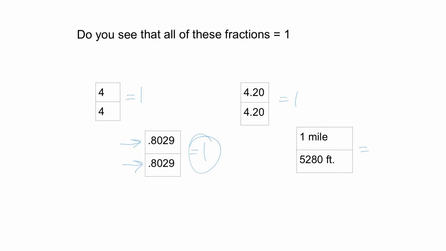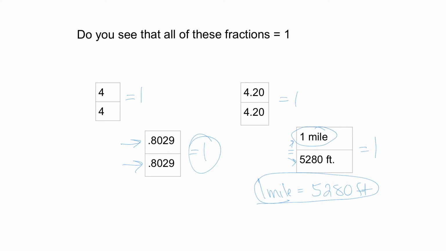But guess what, guys? This is also equal to 1, because 1 mile is equal to 5,280 feet. And because this is an equivalence, what is on the top is equal to what is on the bottom, then technically it's equal to 1.